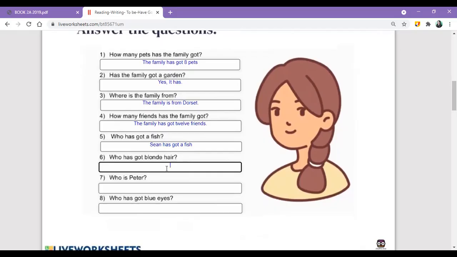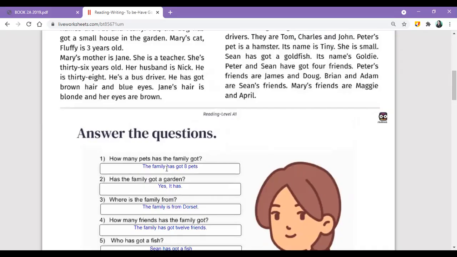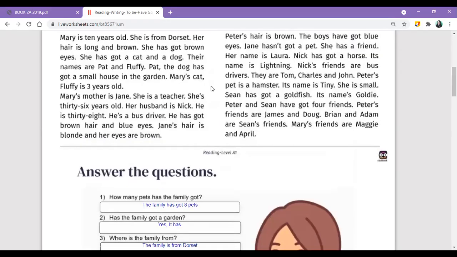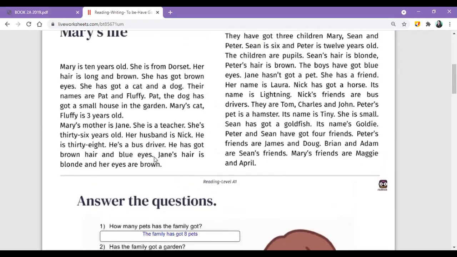Who has got blonde hair? I think Mary has got blonde hair. Okay, let's see. Jane's hair is blonde. Mary has brown hair.